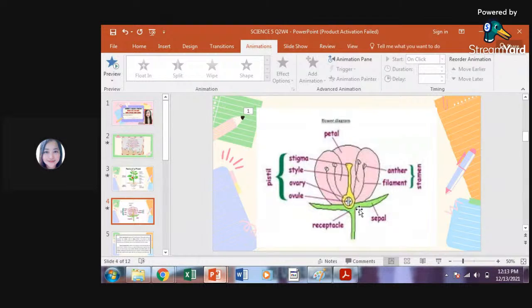And the last one is the receptacle. What is the receptacle? It is the upper end of a flower stalk, as you can see, which bears the flower or group of flowers.